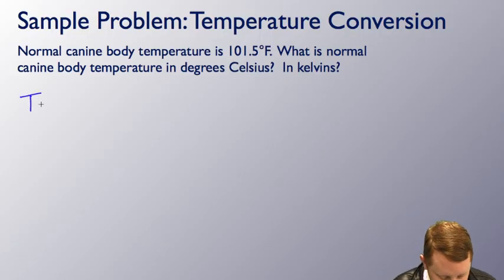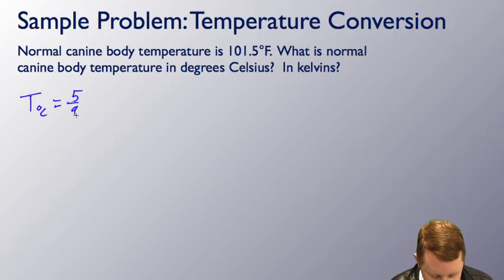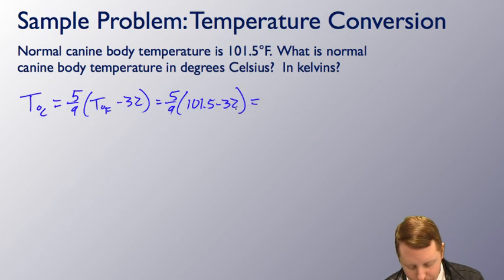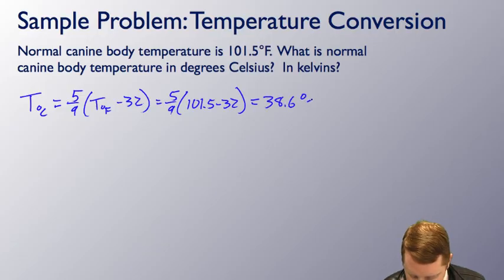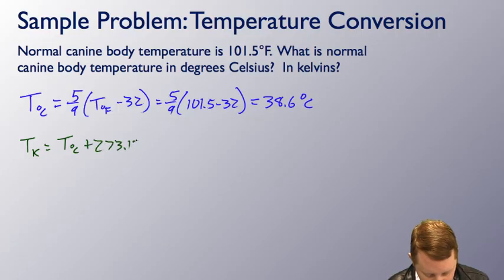Well, if we want the temperature in Celsius and we're given Fahrenheit, that's going to be 5/9 times our temperature in Fahrenheit minus 32, or 5/9 times 101.5 minus 32, for a normal canine body temperature in Celsius of about 38.6 degrees C. If we want this in kelvins, the temperature in kelvins is just the temperature in degrees Celsius plus 273.15.